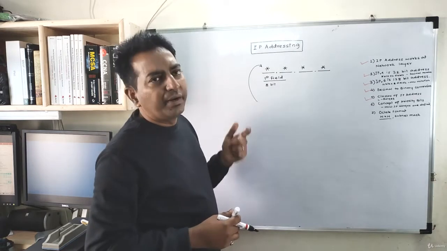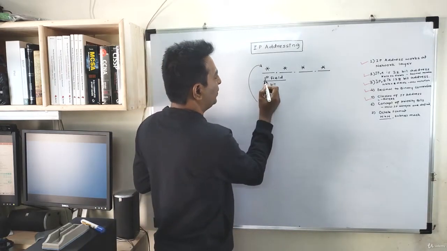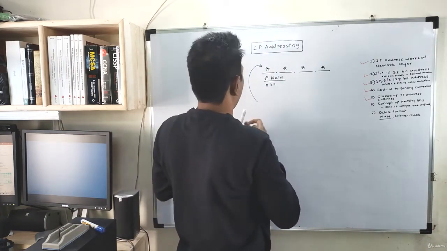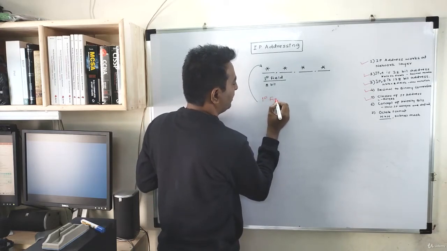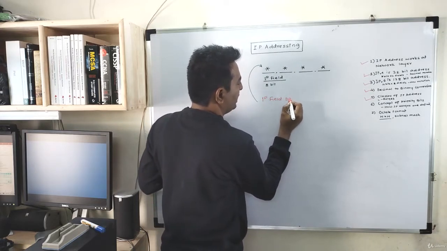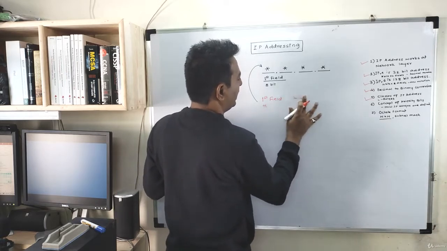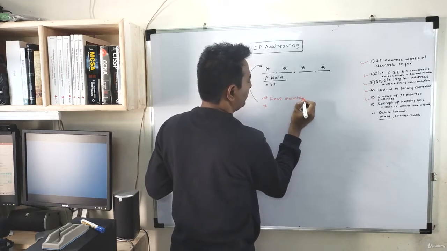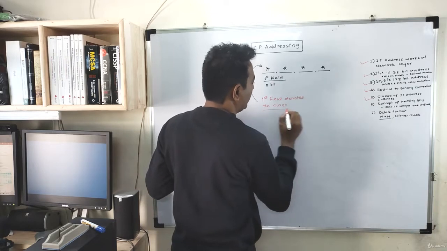If you want to identify the class of an IP address, you just have to look at the first field, and this first field denotes the class of an IP address.